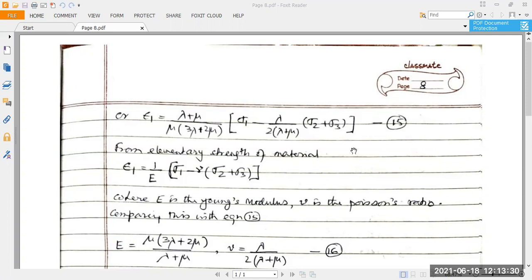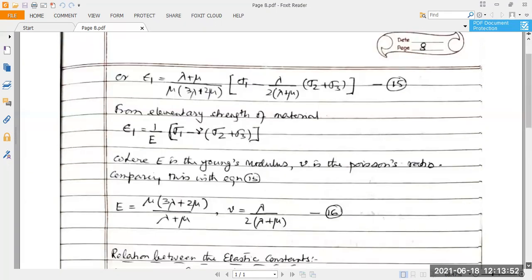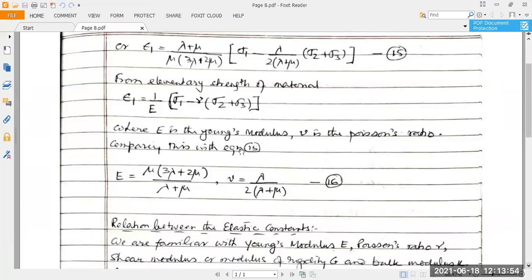What will we find? 1 by E is equal to (lambda plus mu) by mu (3 lambda plus 2 mu), and nu is equal to lambda divided by 2 (lambda plus mu). So E has become this expression and nu has become this expression, lambda over 2 (lambda plus mu), etc.